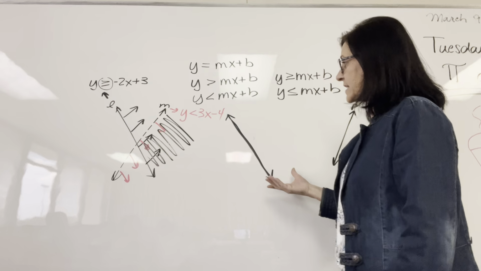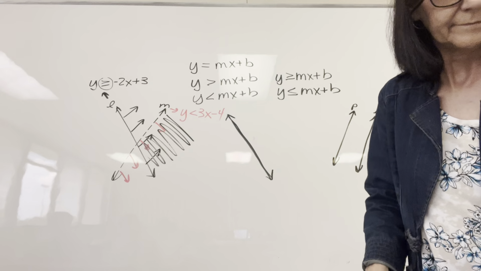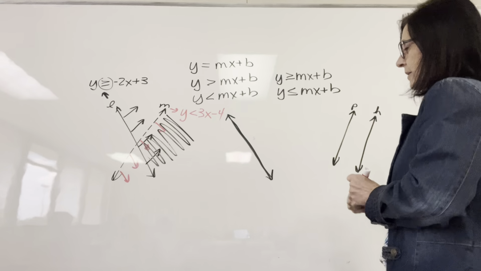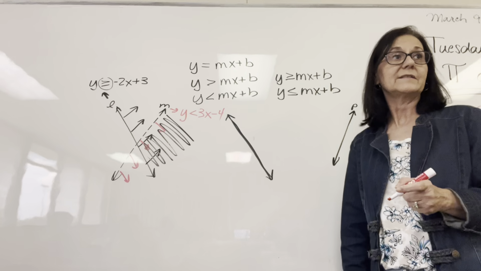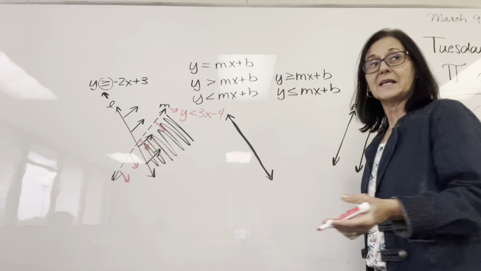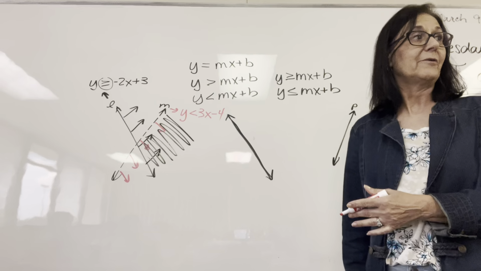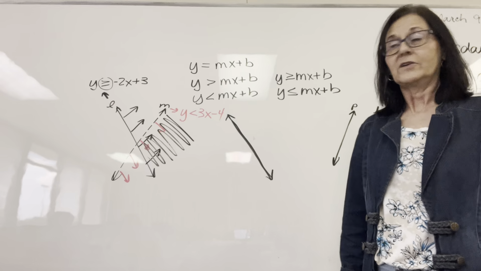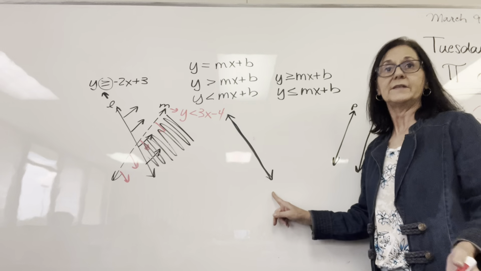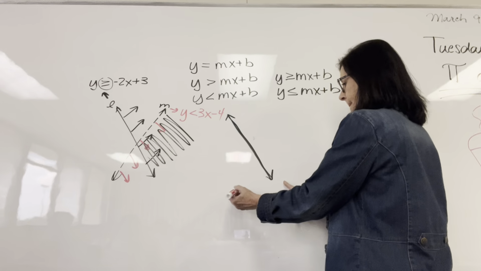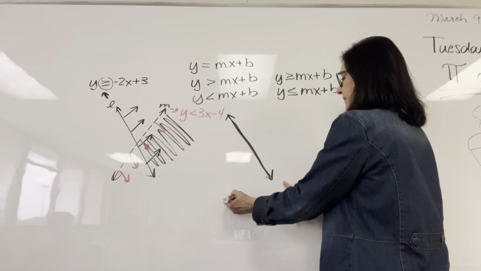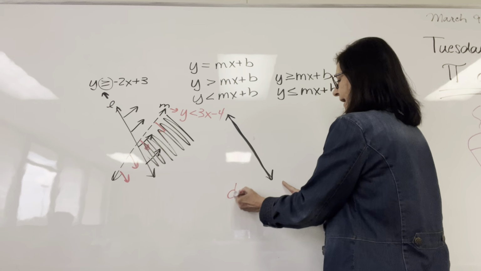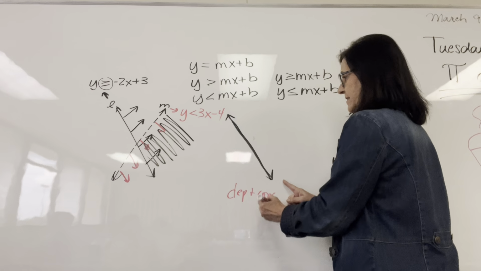Okay, well, what if they're the same line? Well, I don't think you'll ever have one that is the same line, but it would have to be the same equation, right? And both would have to be greater than, or both would have to be less than. So I don't think this is an option, but what do we call these equations? They're both independent, or dependent. They're dependent and consistent.